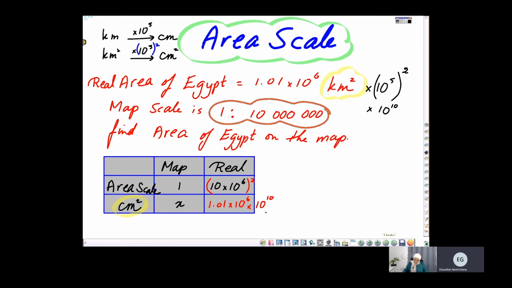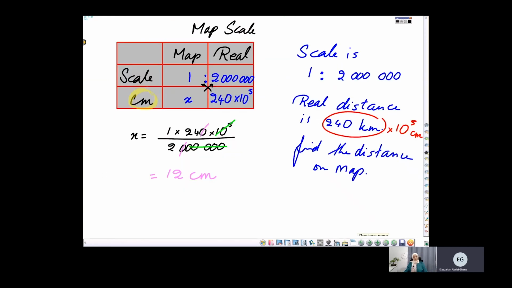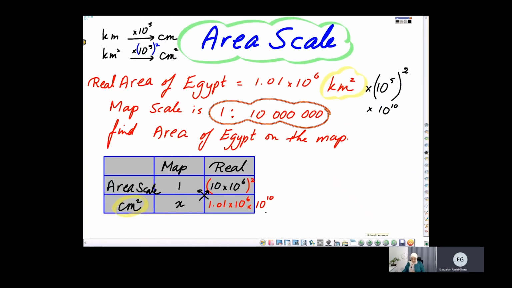Now, let's remember, what did we do before in the previous table? We did x equals and a long dash, and the number connected to x, you just put it in the denominator. Here we'll do the same thing. The number connected to x, it's a long dash, and we divide it by 10 multiplied by 10 to the power 6 in brackets all square. Why did we square it?